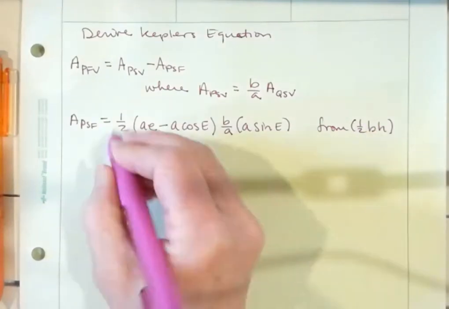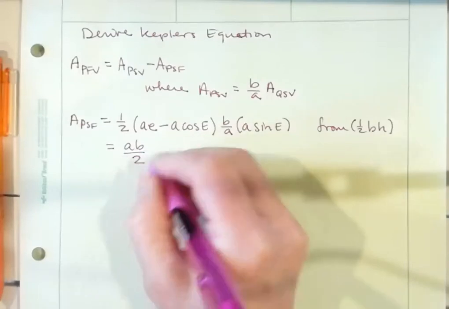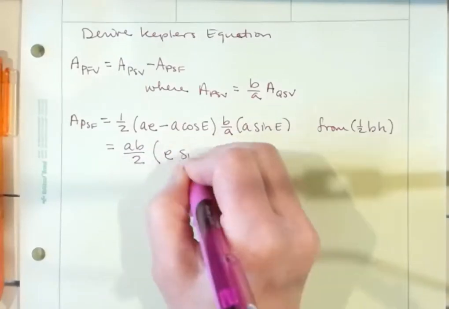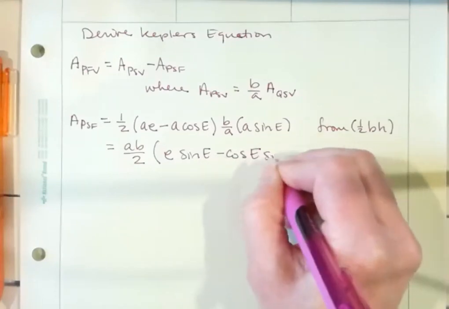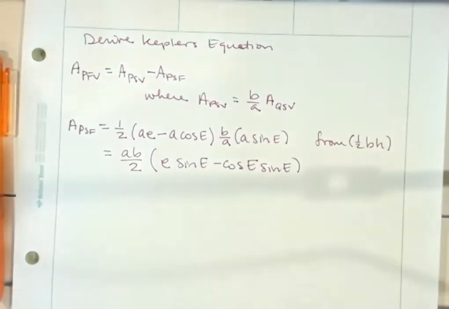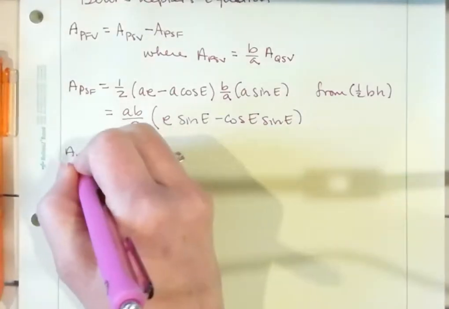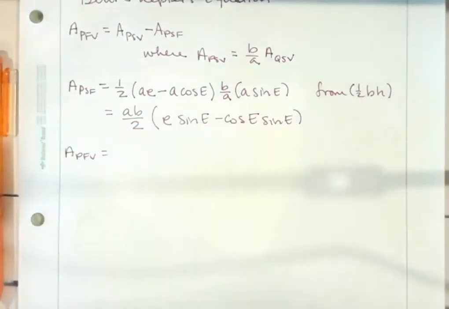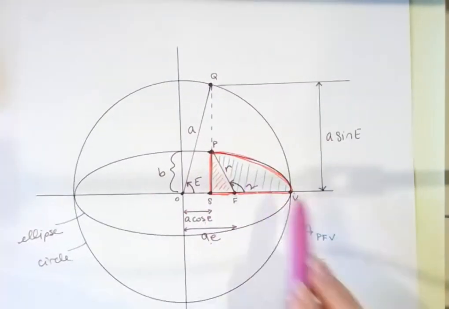So let's do the algebra here and simplify that. We have AB over 2 times (E sine capital E minus cosine capital E times sine capital E). That's going to be our equation for that triangular shape. The next one will be an equation for PFV, this blue shape.